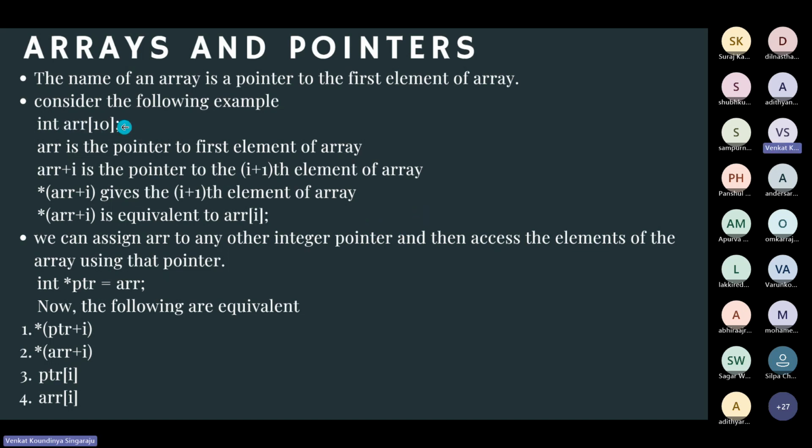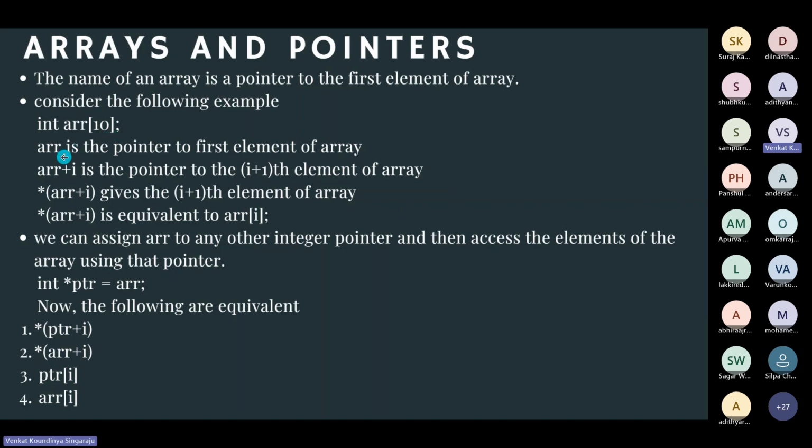Now what is the first element in this array? arr[0]. So arr[0] is also an integer variable, so that also has a certain memory location, and that memory location has an address. How do you get the address of the first element in the array? You apply the address-of operator, you do ampersand arr[0]. So ampersand arr[0] is identically equivalent to arr.